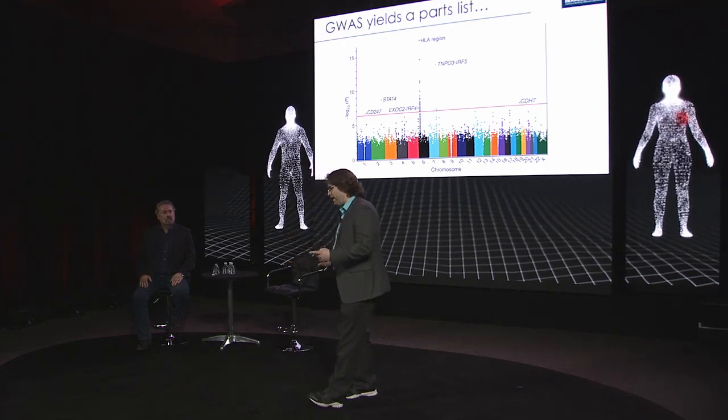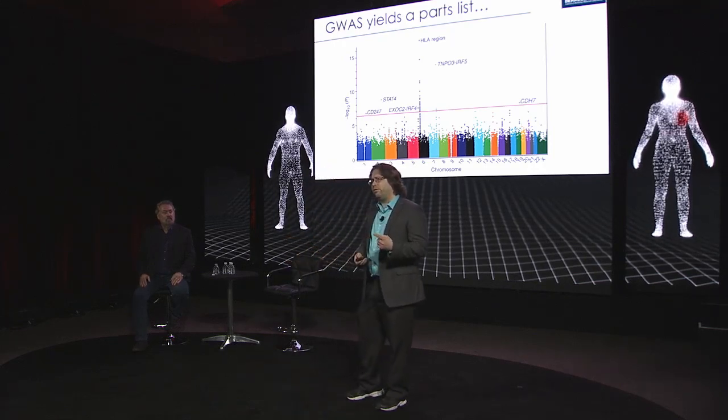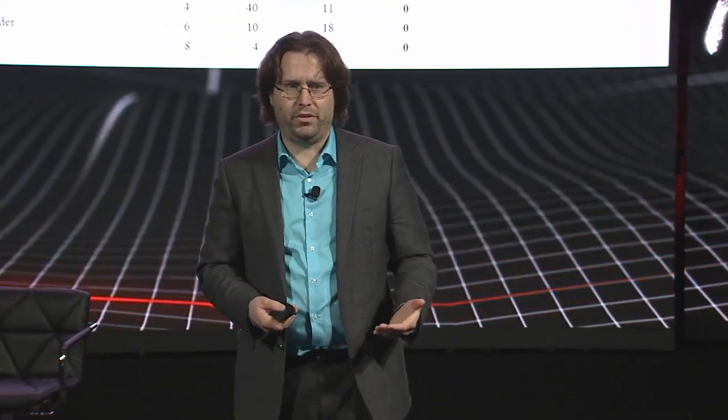There's a problem with these analyses, though, because what they yield fundamentally is not a causal picture of how the disease arises, but a parts list. And unfortunately, that means rarely actionable intelligence. So if you look at the first line in this table, you've got Alzheimer's disease.